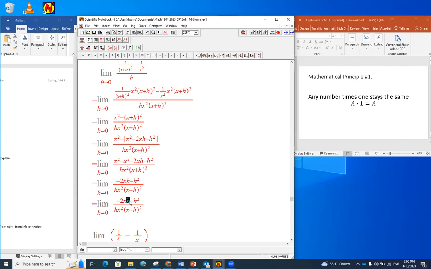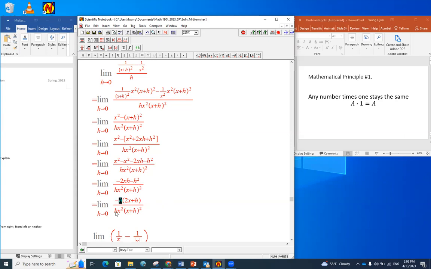Okay, h can be factored, or you can factor out the negative h. Let's see how I'm going to factor out negative h. So negative h is taken out, and there's just 1 h left. So this is going to be plus h.